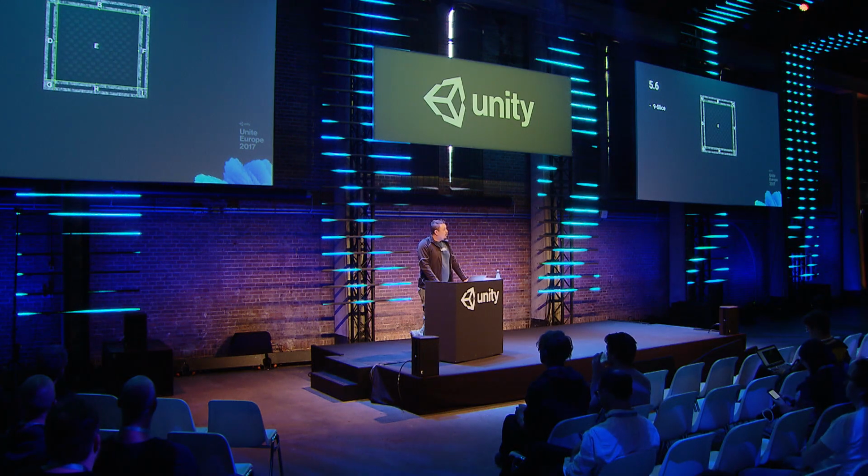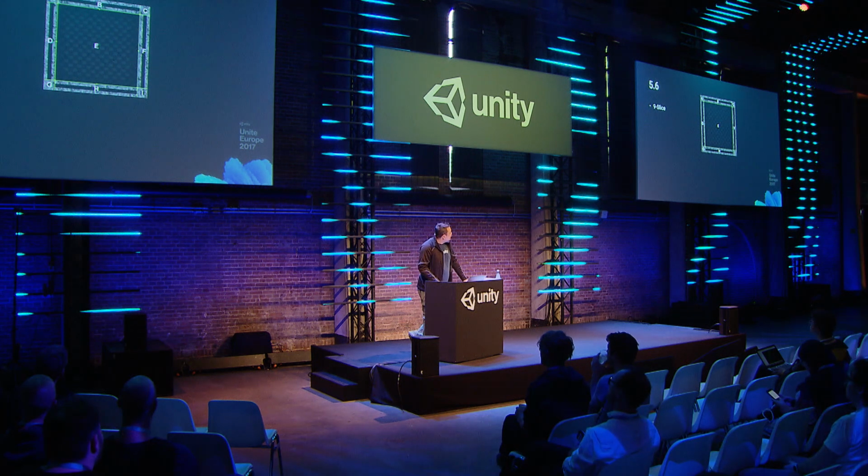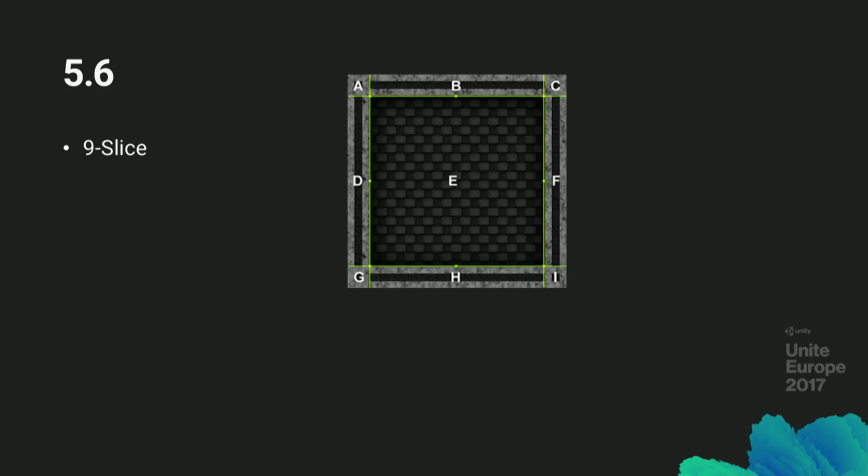So with Unity 5.6, there were quite a lot of new 2D features. One of the big ones was 9-slice. This is a 2D technique which allows you to reuse parts of a texture, parts of an image, at various sizes without needing to prepare multiple assets. So you basically split the image up into 9 different slices, hence the name.